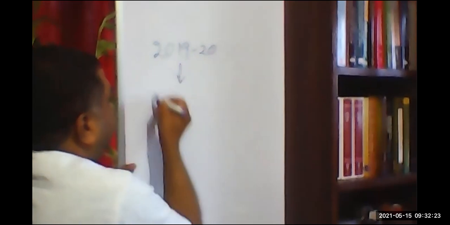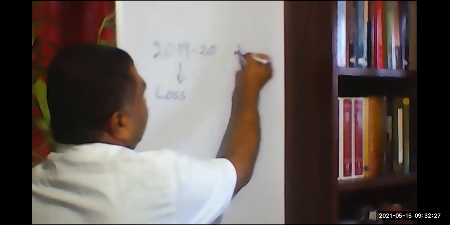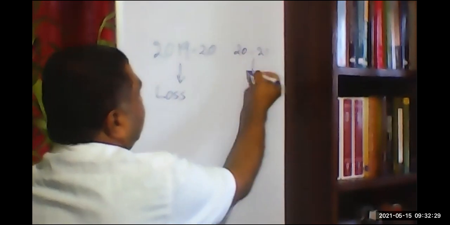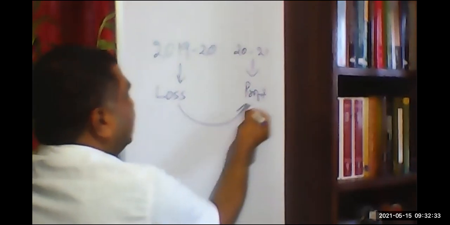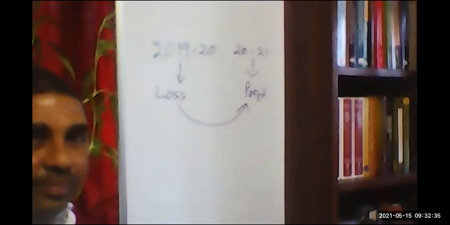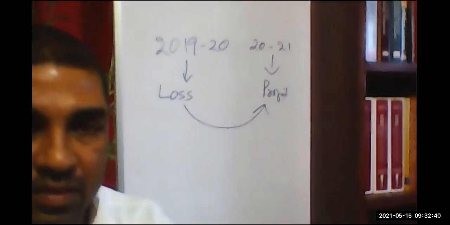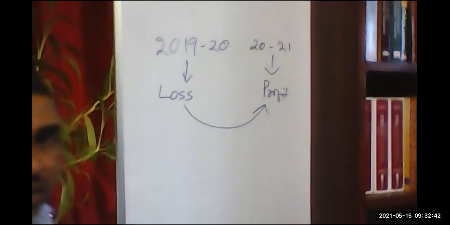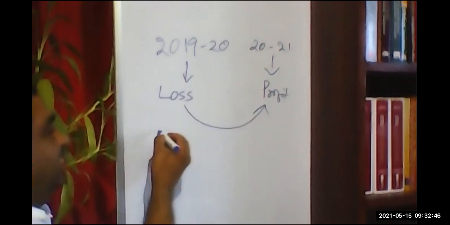Let us say in this previous year there is a loss. And in 2021 there is a profit. You want to carry forward and set it off. Is it clear? Yes, sir. Now we have to see what is the shareholding here.